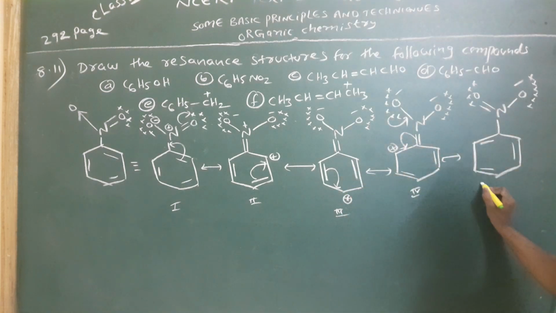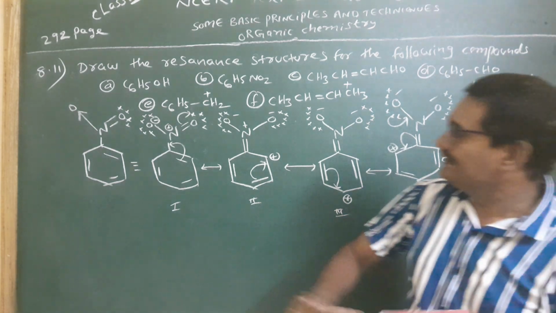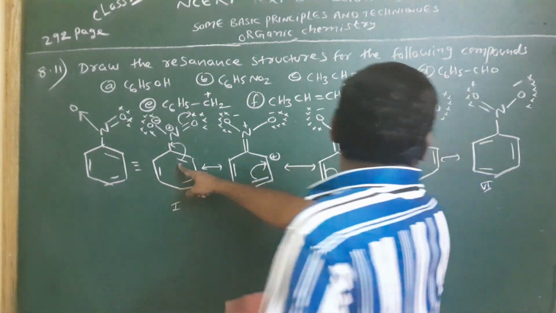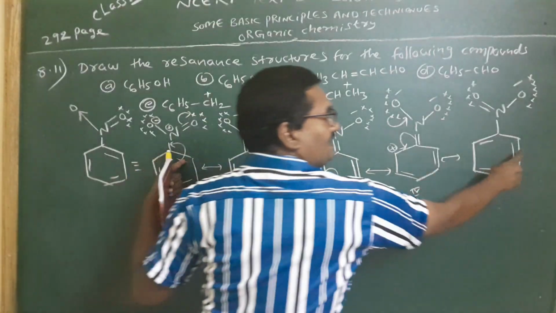So what is the difference between first and sixth structures? Here double bond is in this place; here double bond is in this place.